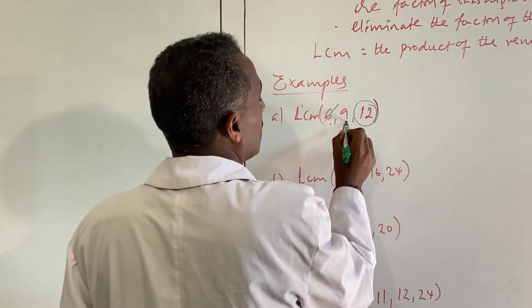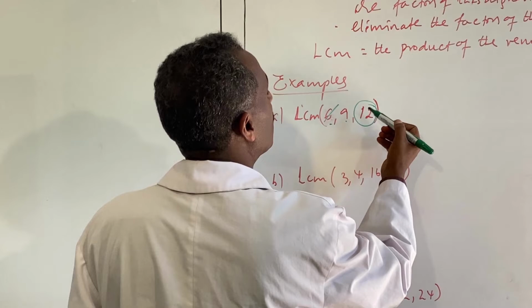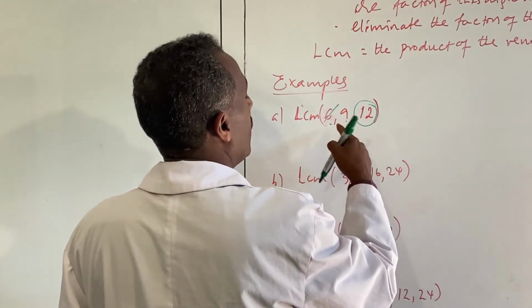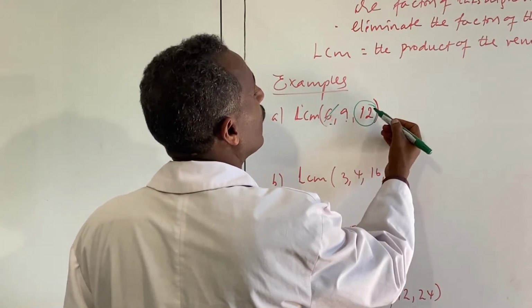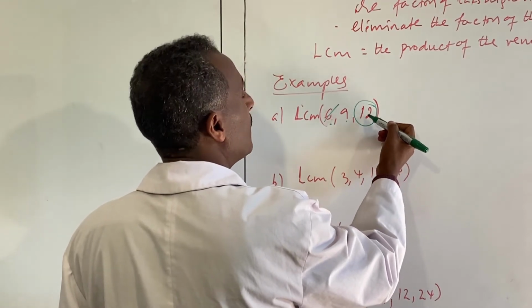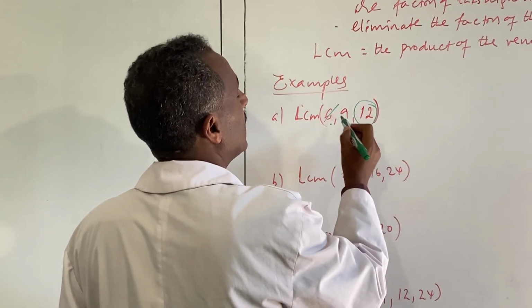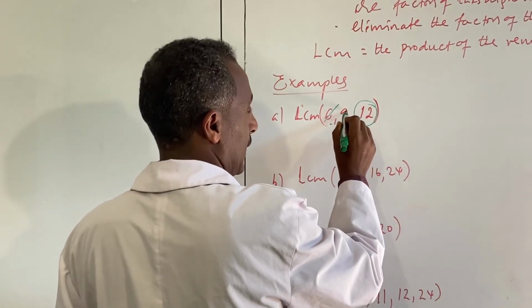Is 9 a factor of 12? No. So what are we supposed to do? We find LCM of 9 and 12, meaning out of the multiples of 12, we need to find which is the multiple of 9.